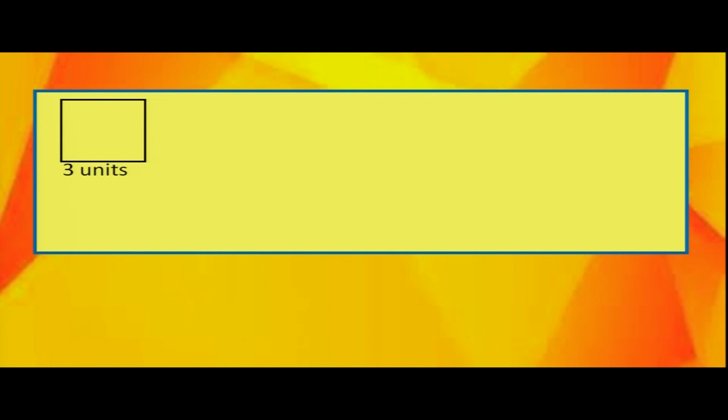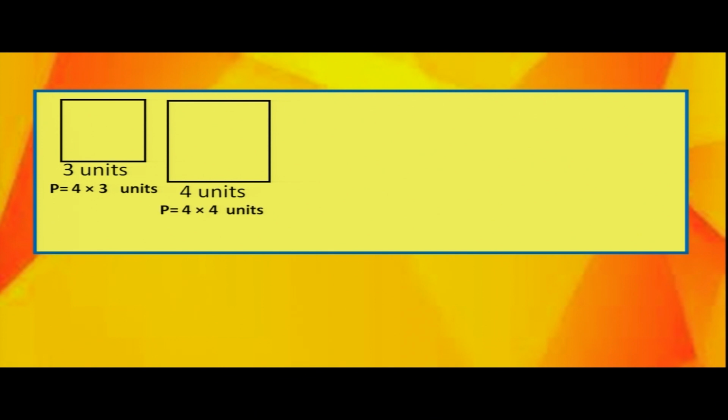Then what is its perimeter? Its perimeter is 4 into 3 units. Now if we increase the length of the side, that is 4 units, then its perimeter will become 4 into 4 units. If the length of the side is 5 units, then its perimeter will be 4 into 5 units.